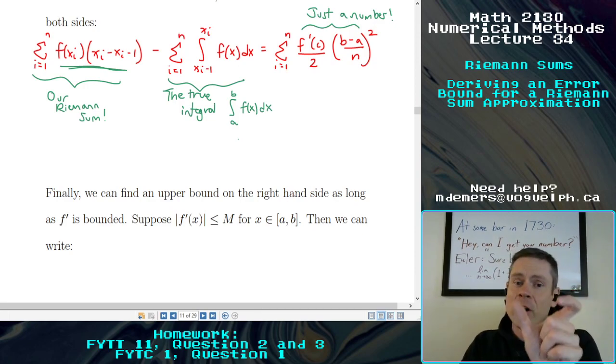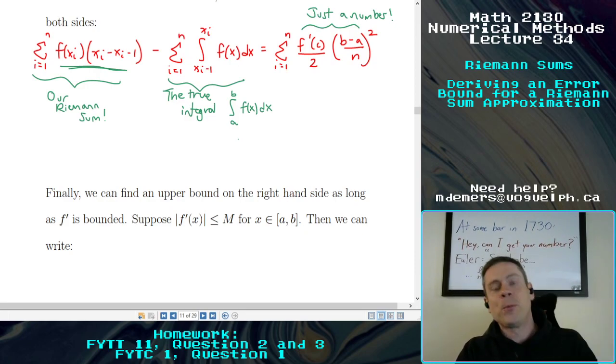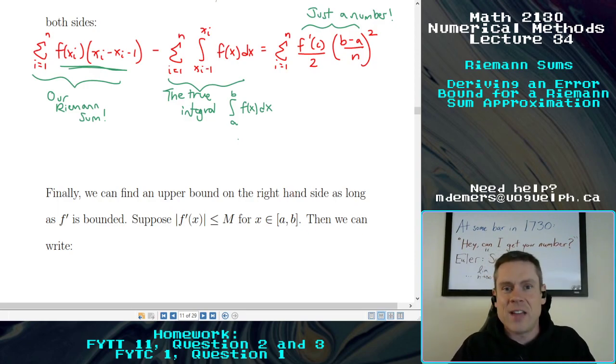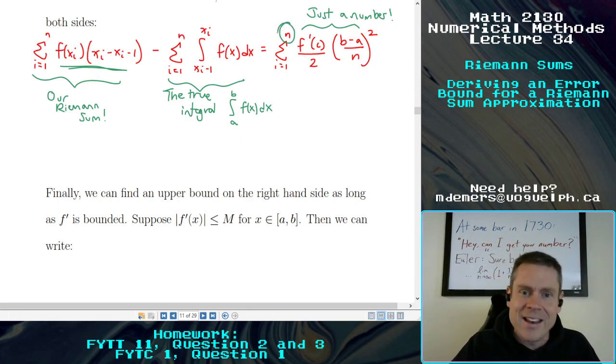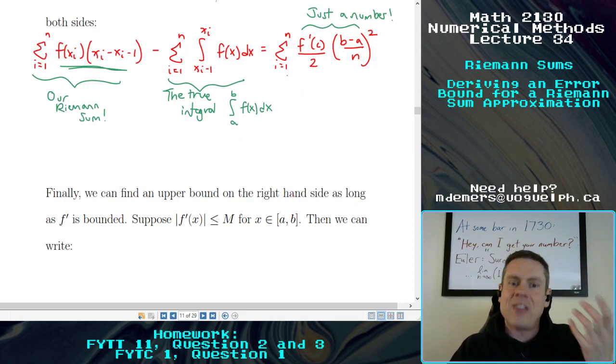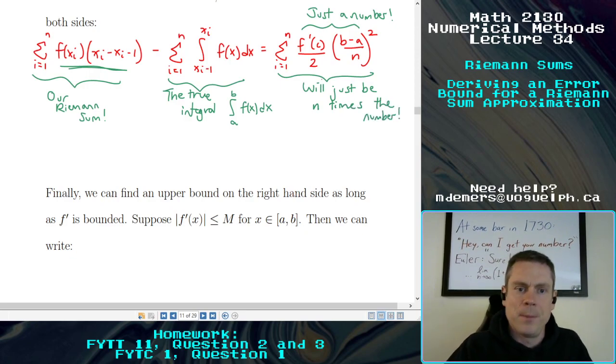If I take 54 and I add it up 7 times, I'm going to get 54 plus 54 plus 54 plus 54 plus 54 plus 54 plus 54. That's just 7 times the 54, right? It's n times the 54. And so this whole sum is just going to give us n times the number. So let's write this down.